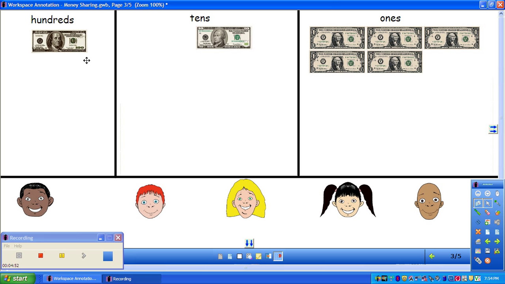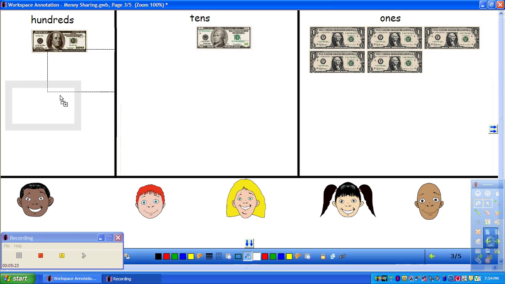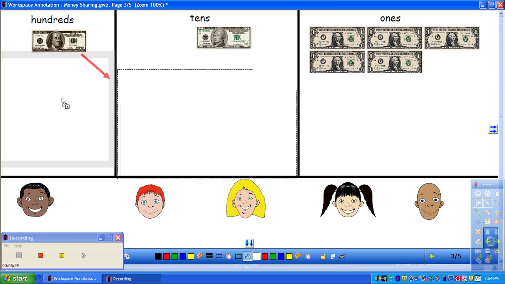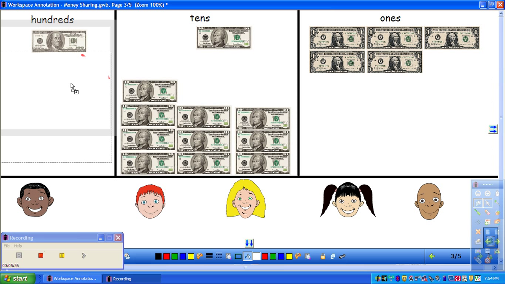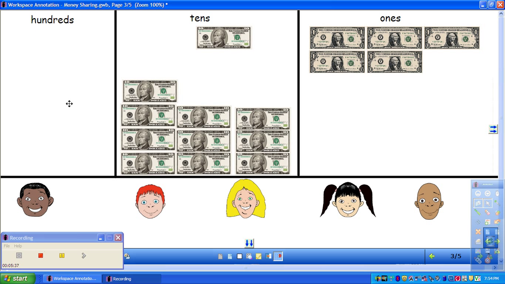Well, we know that we can take that $100 bill and we can exchange or trade it for 10 different $10 bills. So now we don't have a $100 bill, we have 10 $10 bills, because we did not have enough $100 bills to give everyone a $100 bill.